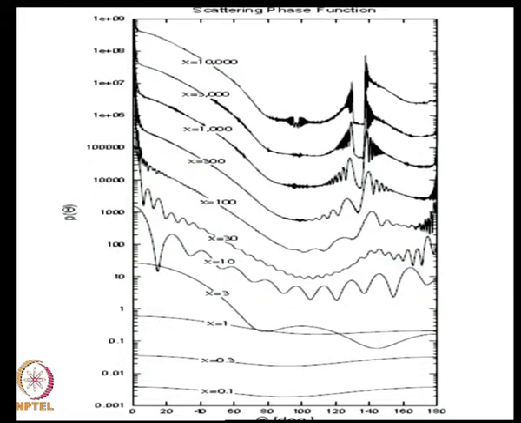These are the ones which bring in things like halo, glory, rainbows and so on, because of a large increased scattering at a certain angle. These phenomena create very interesting optical effects.